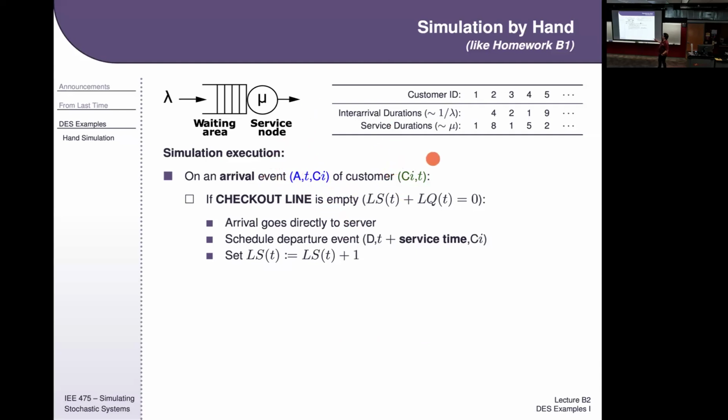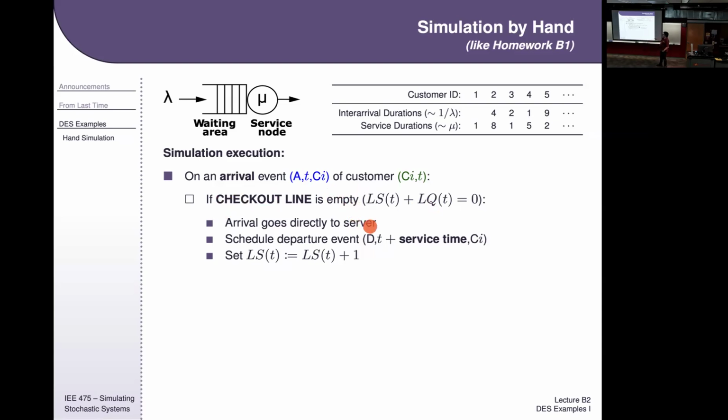The customer i's record in the checkout line has the time they arrived, so I need to create that record, since I know their arrival time, and put them in the checkout line. If the checkout line is empty, so these 2 things sum to 0, which can happen if the server is idle, then this arrival goes directly into the server.